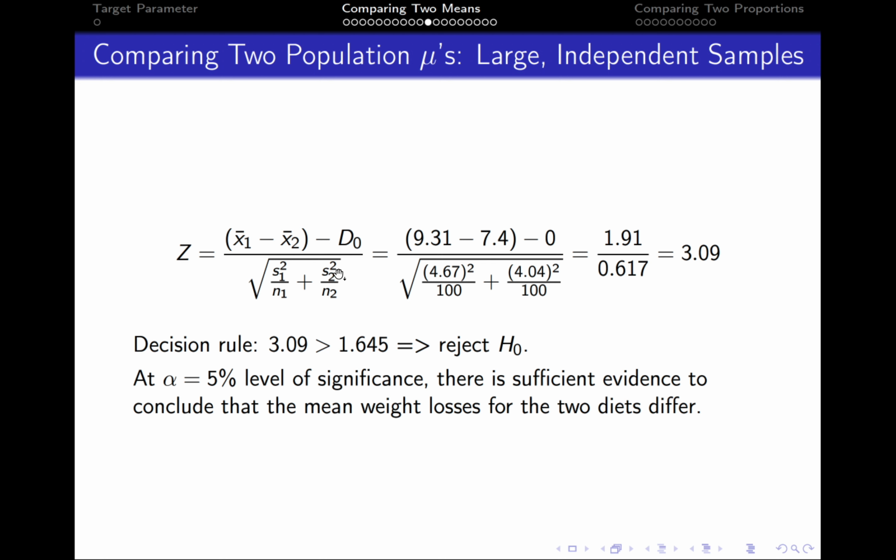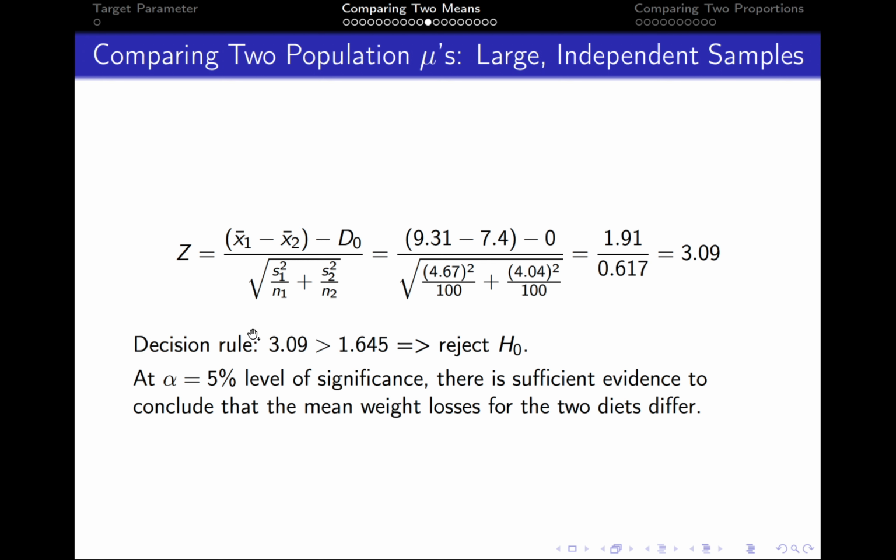S1 squared, this is sample 1 variance, N1, this is its sample size, which is 100 people, plus 4.04 squared, this is the variance of the second sample, divided by 100, which is the number of observations in the second sample. And we get that the estimated z-score is 3.09.